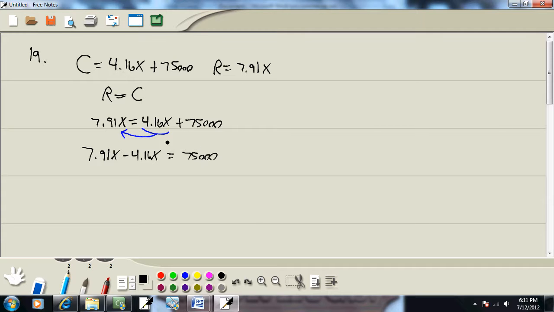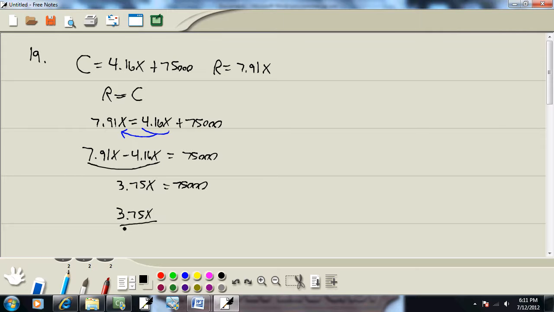Now our note up at top says at any step combine together like terms. Like terms are the same variable, the same power. So 7.91 minus 4.16, and we get 3.75x. Now last step, divide both sides by the number in front of your x.